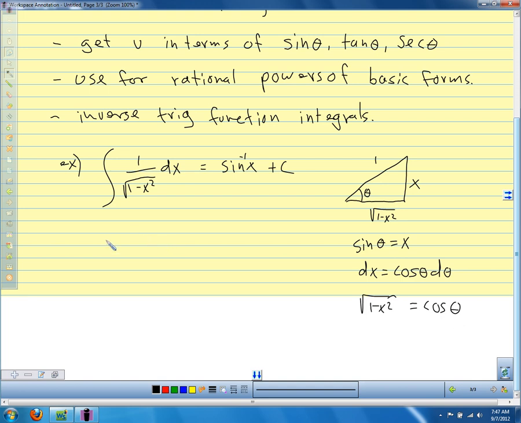So this integral is the integral of cosine theta over cosine theta d theta, which is just the integral of d theta, which is theta plus c, and theta is the inverse sine of x.